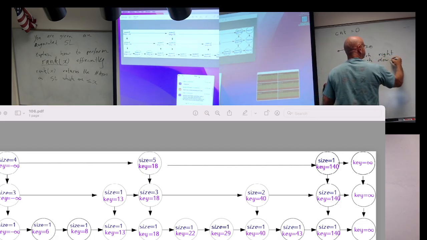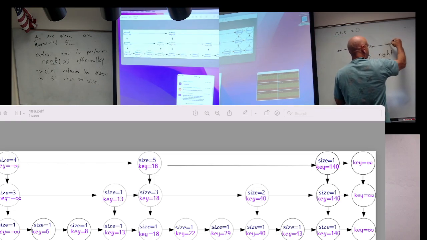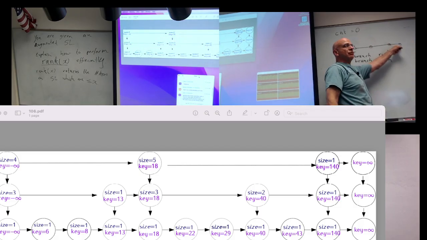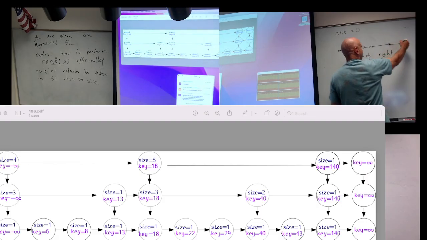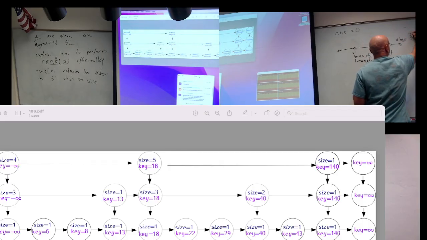But at every node, as I'm looking around, my path, I'll either decide to continue to the right. When do I continue to the right during the find? I'm just performing a normal find. I compare v dot key of, say, this node. Is this still smaller than x?